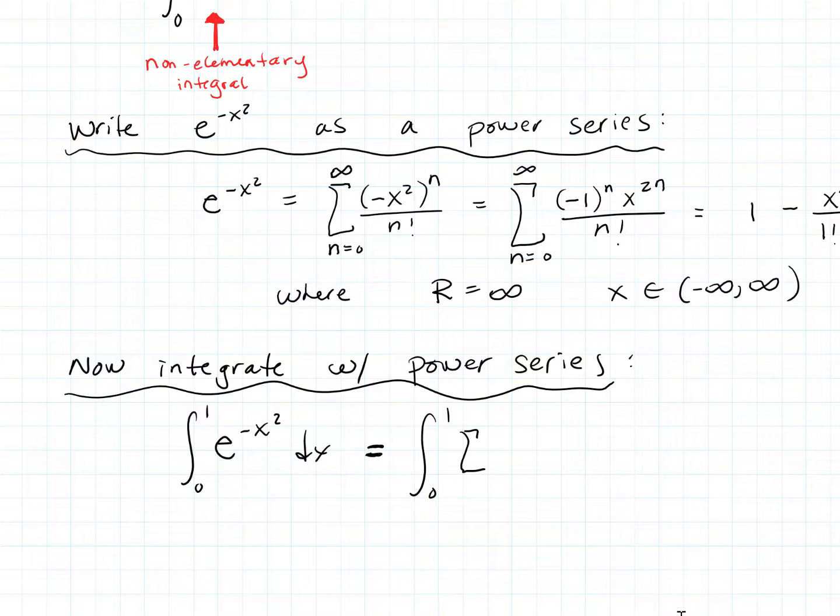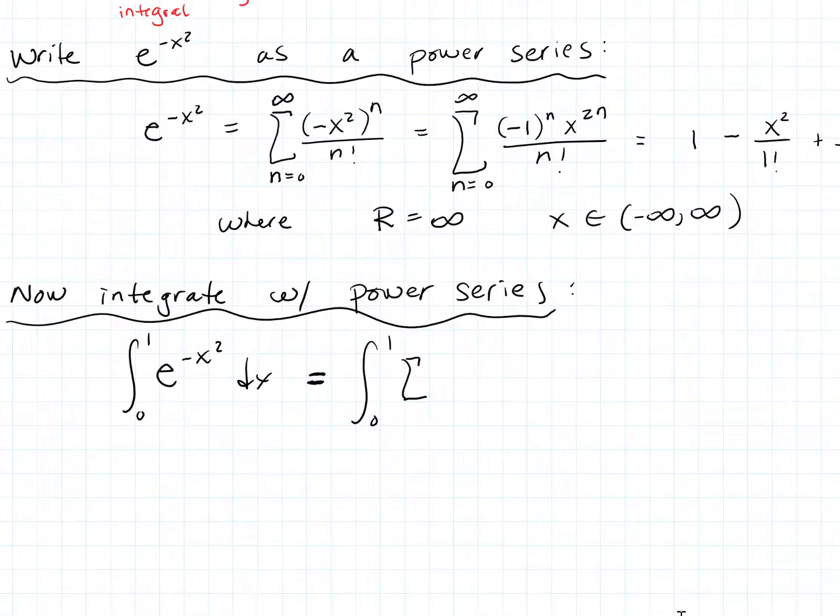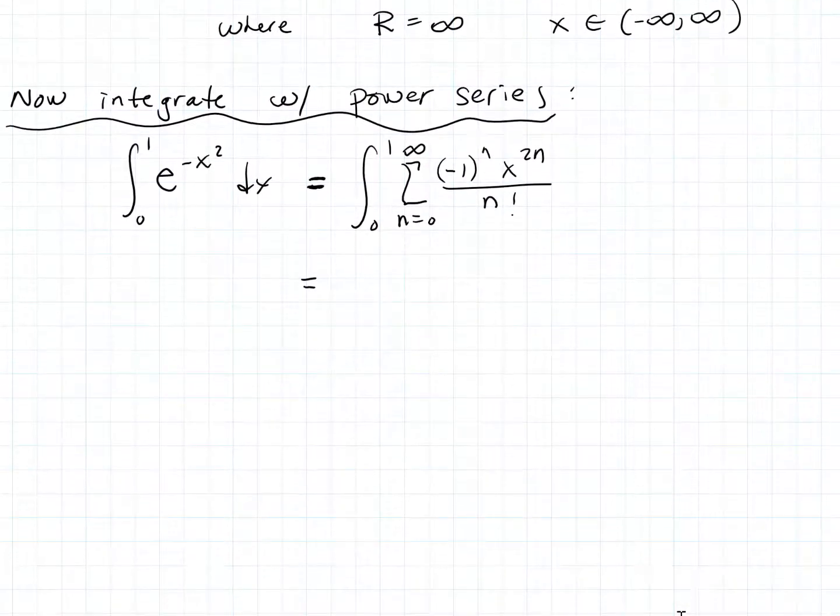That's equal to the integral from 0 to 1 of the power series, negative 1 to the n, x to the 2n over n factorial from n equals 0 to infinity. And integrating a power series, this goes back to what we've talked about before. We can integrate term by term. The radius will not change when I integrate. I forgot my dx. Let's integrate each term.